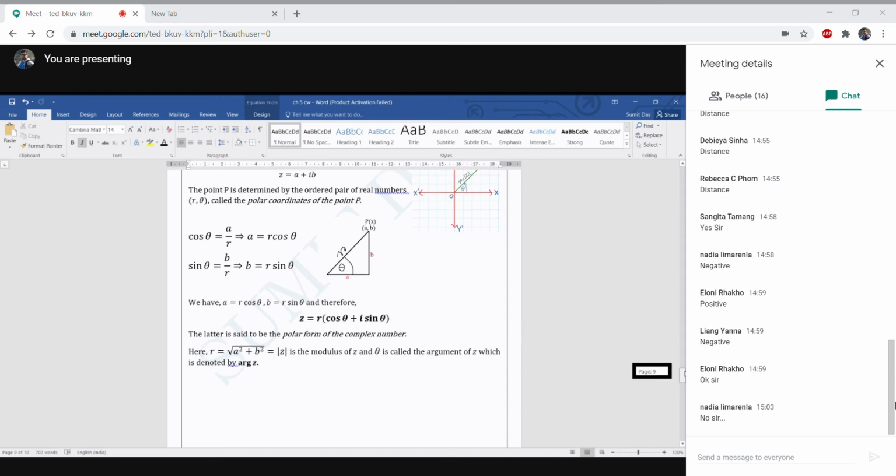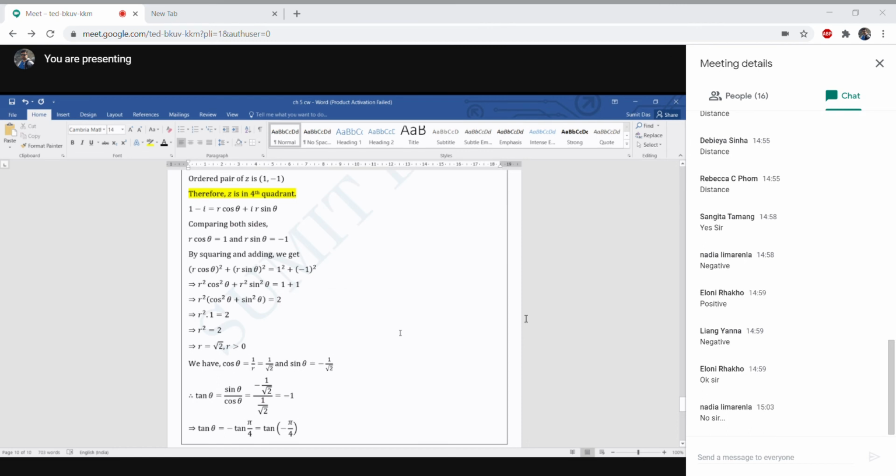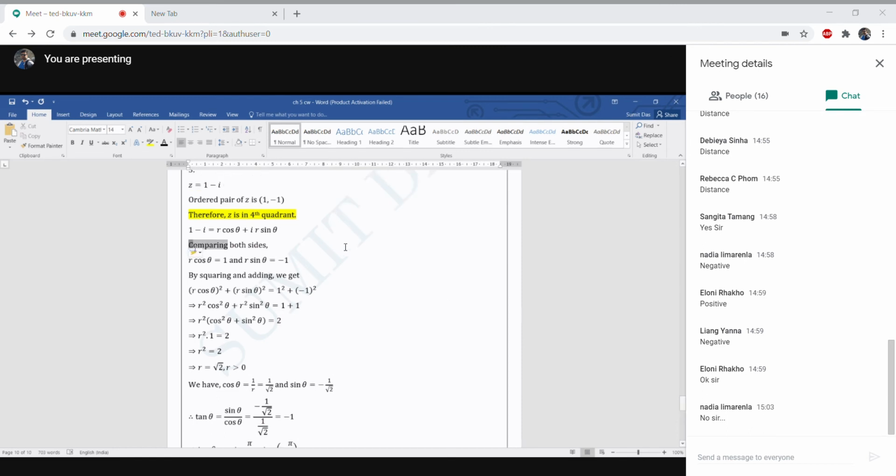So similarly here we are writing like this, r cos theta plus i r sin theta. The thing is the same.